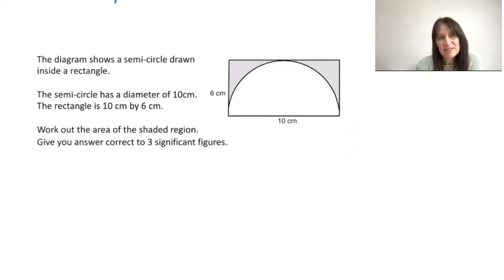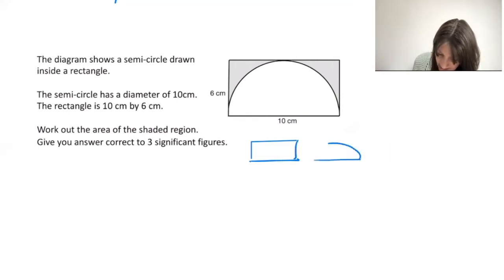Okay, so this is a bit similar to the other one that was a quarter of a circle, where they want just part of a shaded region. And this one is coming from the fact that we've got a rectangle. I've got a rectangle.